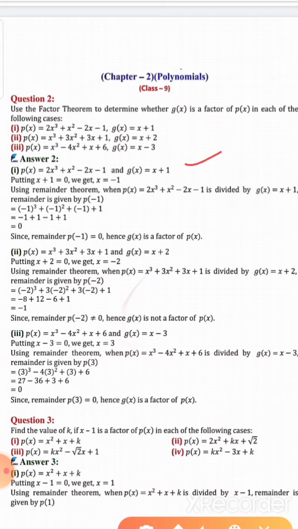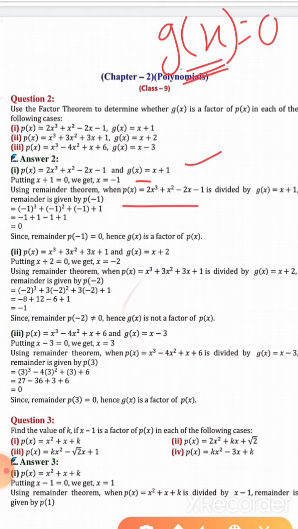We have to find whether g(x) is a factor of p(x). For that, first we find the root of g(x), that means we equate our polynomial g(x) = x + 1 to 0, and we get x = −1.